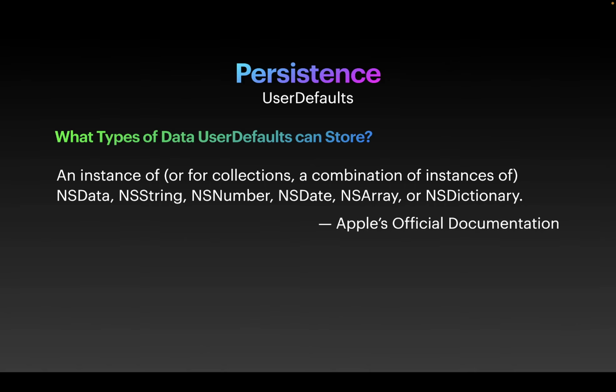The prefix NS is kind of a historical leftover thing from the old world of Objective-C. So in the Swift world, you can think of that as data, string, number, date, array, or dictionary. Just some naming due to some historical reason here.